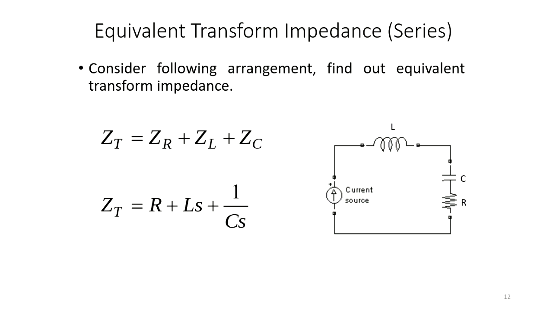So for a series circuit where you have a voltage source in series with your L, C, and R, we can write easily that the impedance is the sum of the individual impedances.